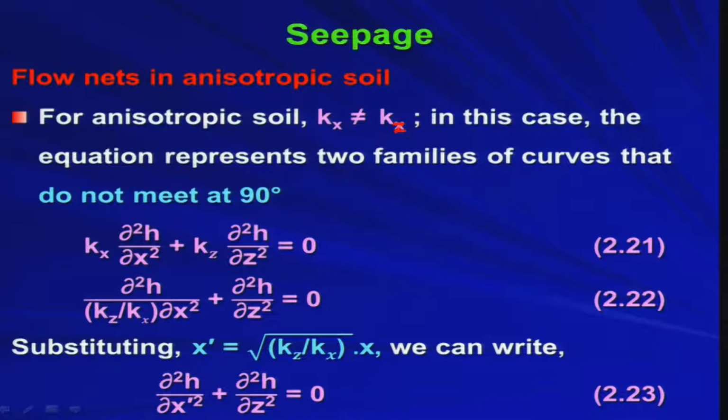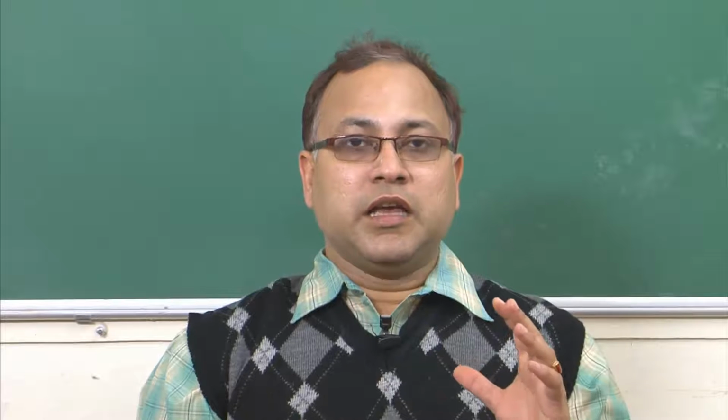If Kx is not equal to Kz, then the soil is considered anisotropic, and in that situation how will you construct the flow net? Because in this case the equation represents two families of curves that do not meet at 90 degrees. That is the important thing: you have two families of curves, the flow lines and the equipotential lines.